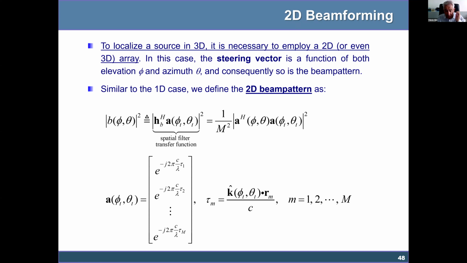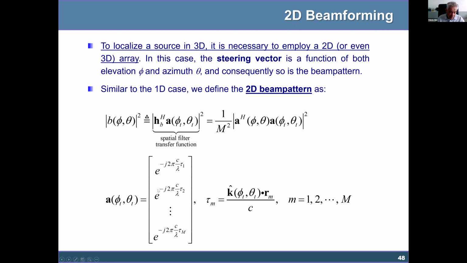Now, if you use classical beamforming, H is the matched filter, so it has the same shape as the array response, and this is the beam pattern that you obtain when you steer the beam in elevation phi and azimuth theta. So basically, the definition of beam pattern is exactly the same. 1D, 2D, 3D, the definition is exactly the same.